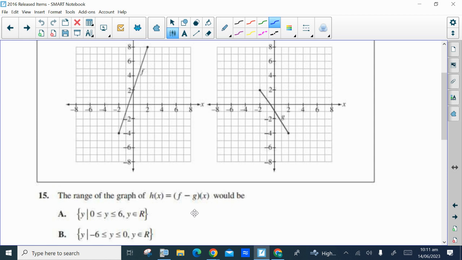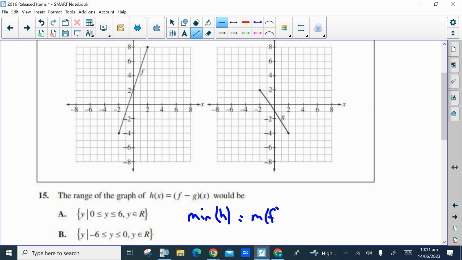Okay, so the minimum of h will be found by taking the minimum of f minus the minimum of g.